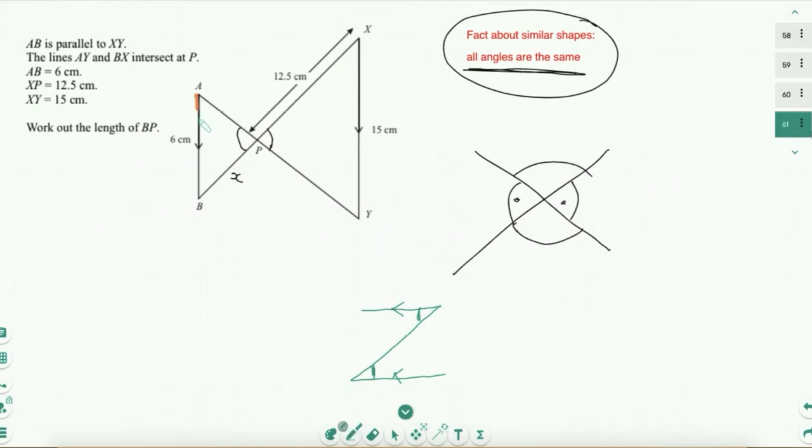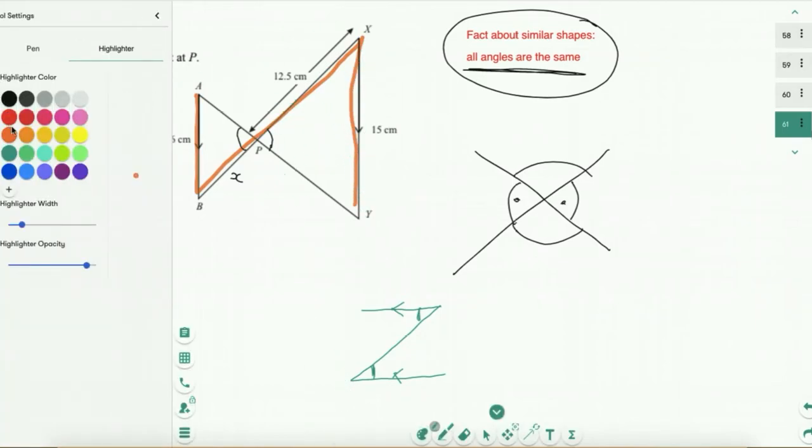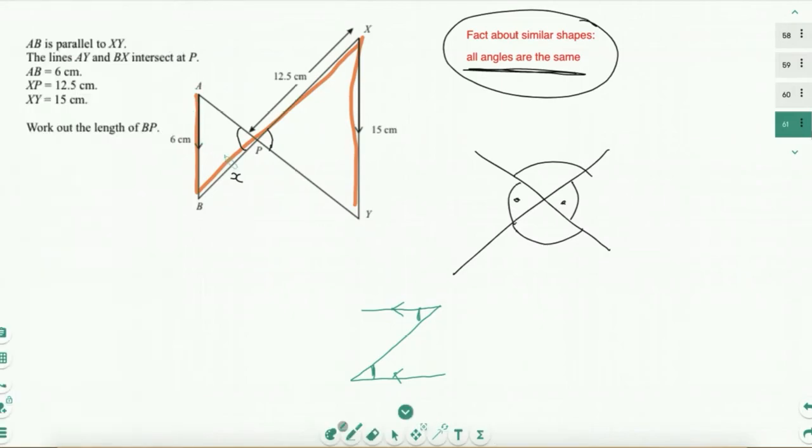How about this? Therefore, what do we know? Which two angles are the same? We know this angle here and this angle here must be the same. So I'll label that as the green angle. So these two angles are the same. And then I also see a Z on the other side.